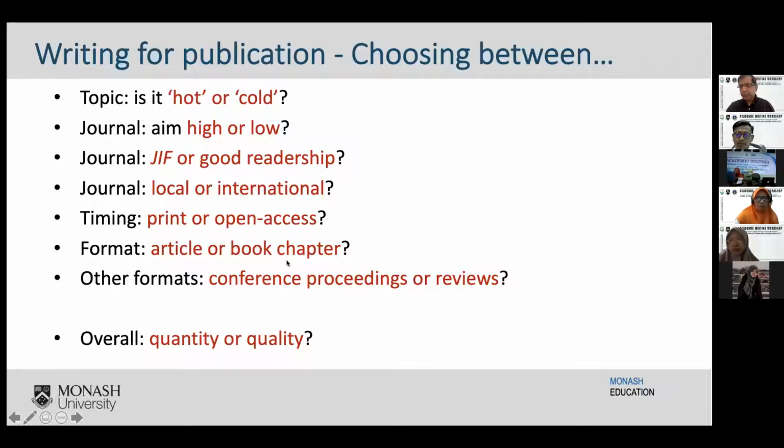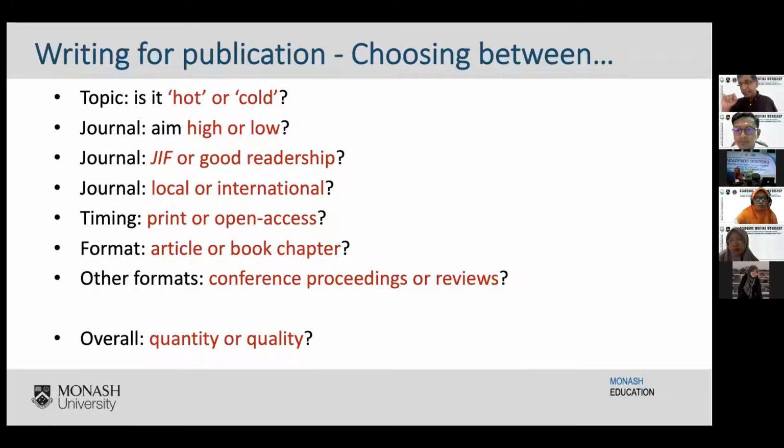Article or book chapter. An article and a book chapter are structurally the same. Structurally means how many sections, the length, the functions of the different sections is the same. But the difference is usually a book chapter is edited and peer reviewed by the editor, and it is usually not blind.